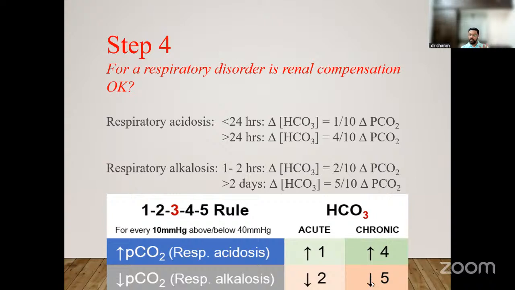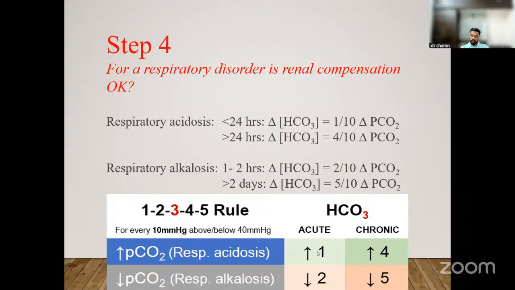It can be confusing, but these formulas can be remembered or looked up at the time of interpreting your ABG. So here we are seeing how far our PCO2 is from the normal value of 40, and for that derangement in PCO2, what is the change in bicarb that has happened because of the kidney?